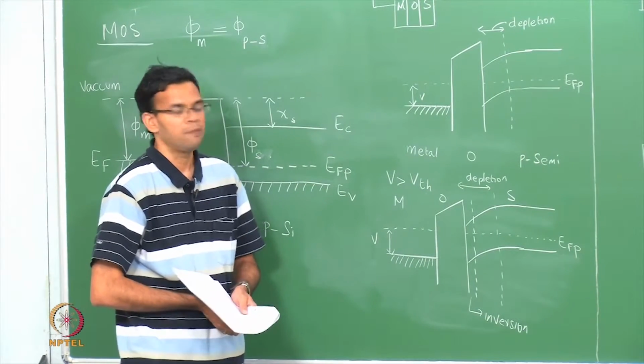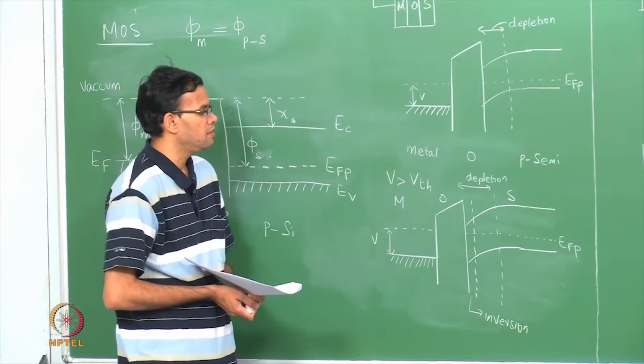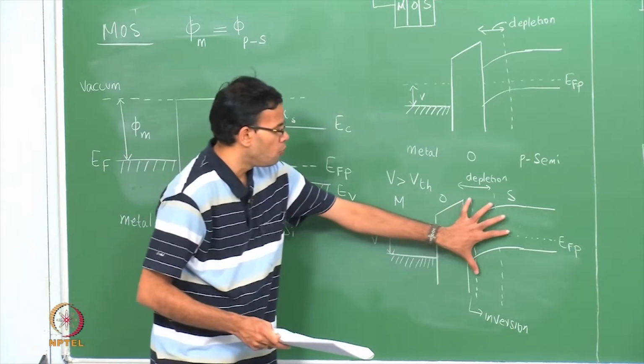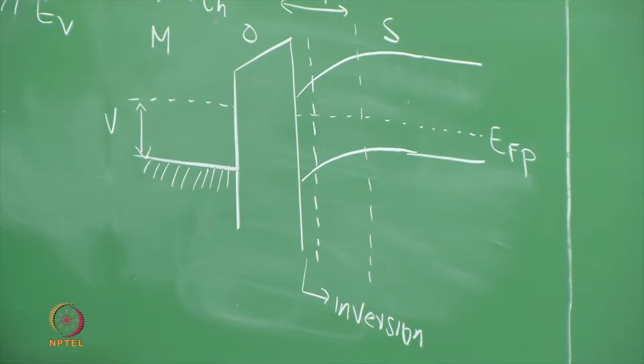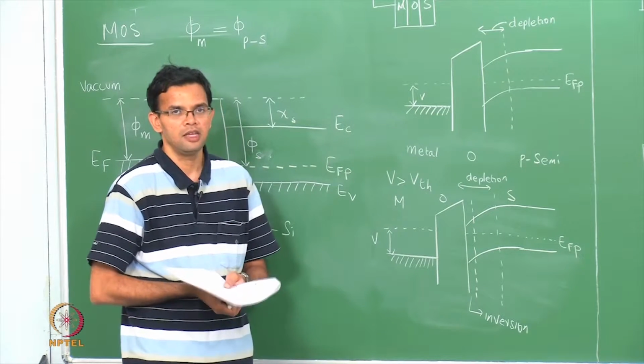So, this is what happens to the band diagram in the case of metal oxide semiconductor when we try to form an n channel. So, let us look more closely at the semiconductor side, so we can put in some of these potentials and use it to calculate the width of the depletion and the inversion regions.